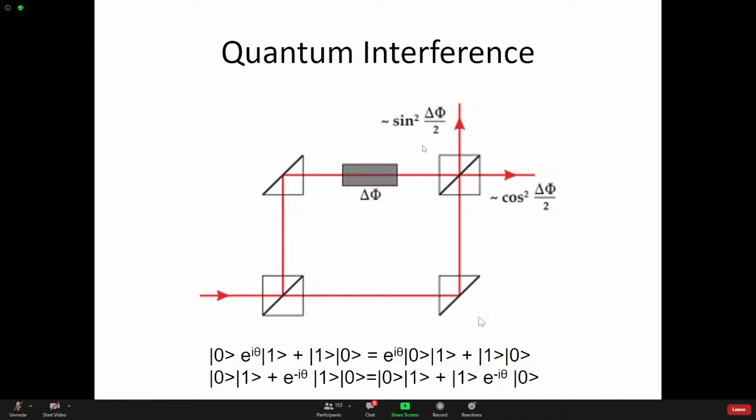Now, if you write this state down here as an entangled state, so this is written in the field theory language, 0 stands for the empty mode. What this state says is that either the photon is in one arm and it's not in the other, or vice versa.